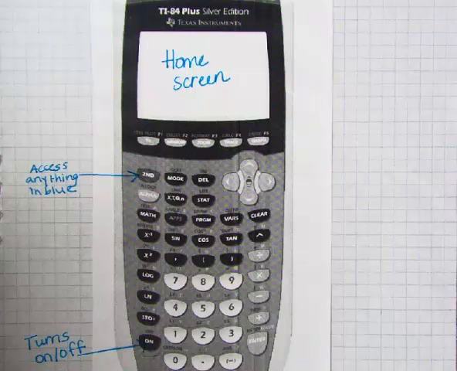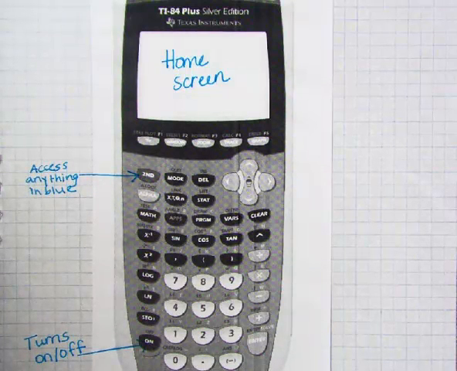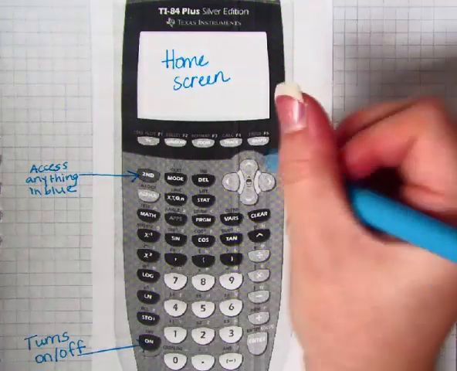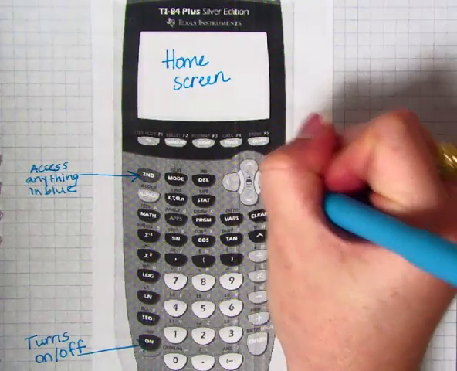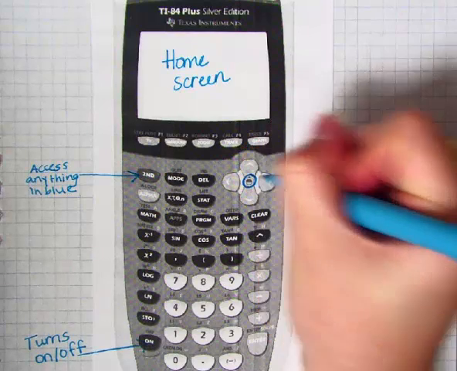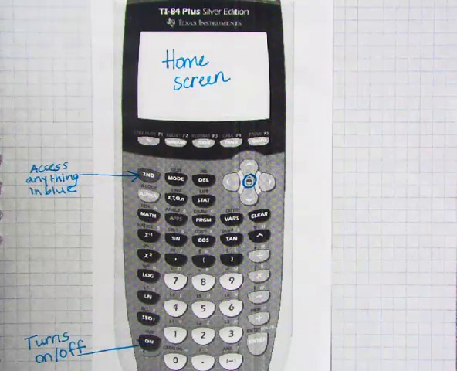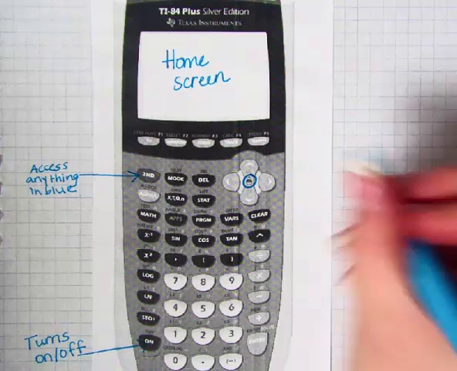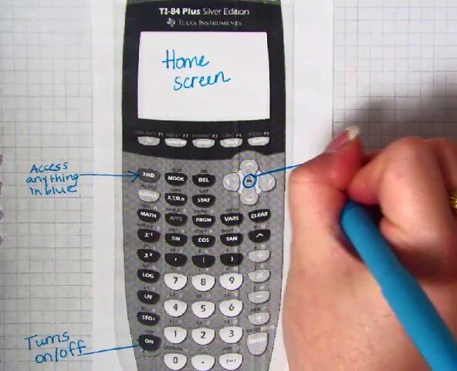Okay, let's talk about how we lighten and darken the screen. So sometimes when you turn the calculator on, it's too dark for you to see or it's too light for you to see. So if you see where your four arrows are, right in the middle, it looks like a moon that's half filled in. So this is what you use to lighten and darken.